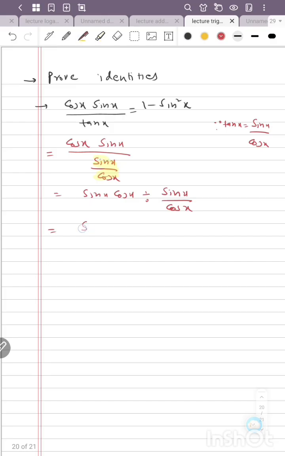Because this portion is divided, we write it as a division. By the mathematical rule, we multiply and flip the positions. So sin x cancels with sin x, and we get cos x times cos x, which is cos square x.